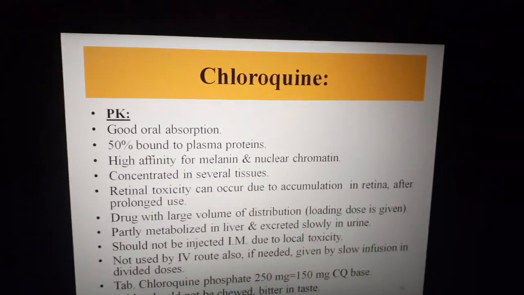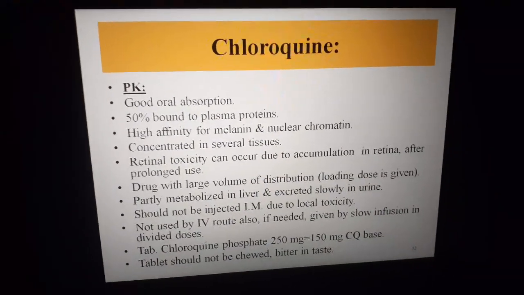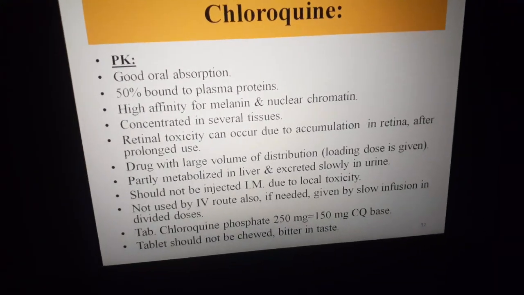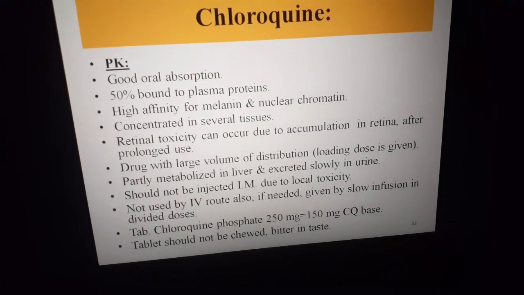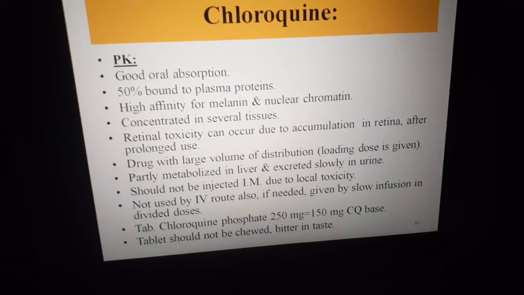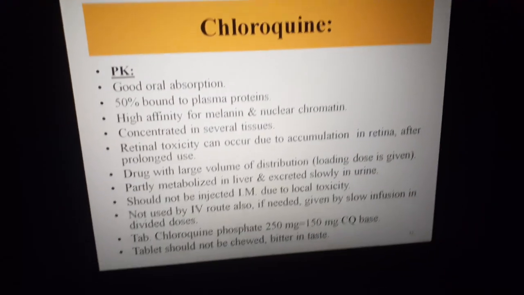Retinal toxicity can occur due to accumulation in the retina after prolonged use. It is a drug having a large volume of distribution, so a loading dose is given. It is not to be injected intramuscularly due to local toxicity, and usually not given by IV route also. If it has to be given by IV route, then a slow infusion is given in divided doses.